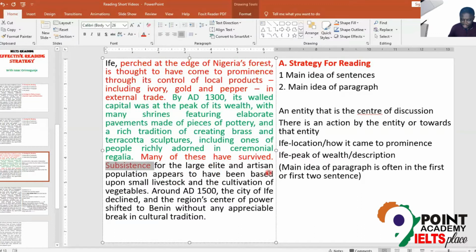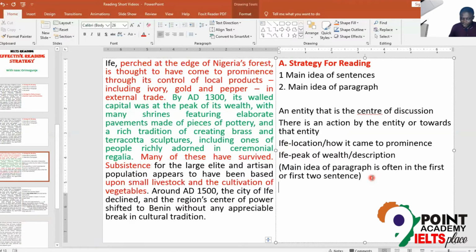Large elite artisan population have been based upon what? Livestock, small livestock, and cultivation of vegetables. So you can see, for me now, I would just say means of livelihood.